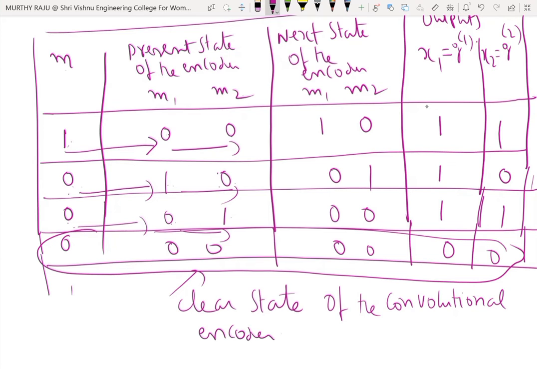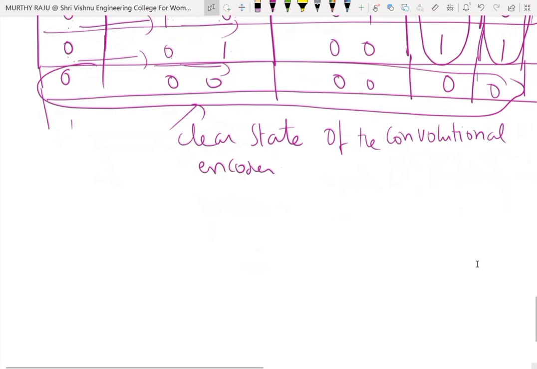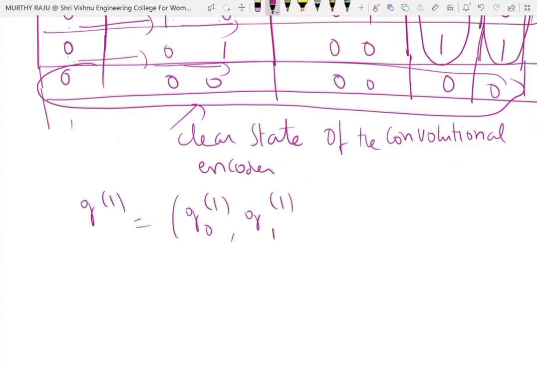Here the G of 1 generator sequence is 1, 1, 1. The G of 2 generator sequence is 1, 0, 1. When the input to the convolutional encoder is an impulse function 1, 0, 0, 0, and so on, therefore G of 1 is equal to G0 of 1, G1 of 1 and G2 of 1, that is equal to 1, 1, 1.